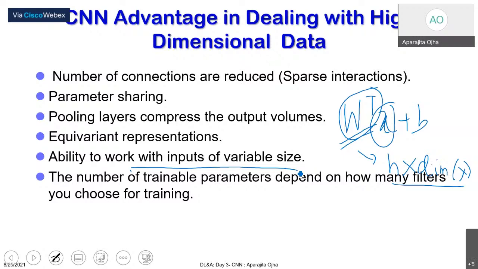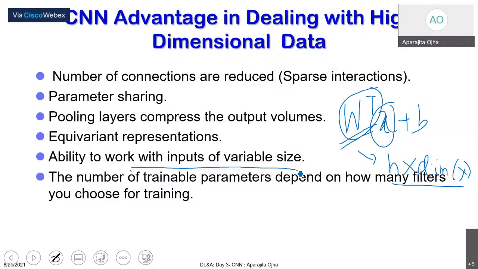If you have trained a network for input images of size 256 cross 256 cross 3, and you want to detect a pattern in, say, a 302 cross 302 cross 3 image, as I told you that it learns an equivariant representation, it may give you a correct output for that image dimension as well, right?